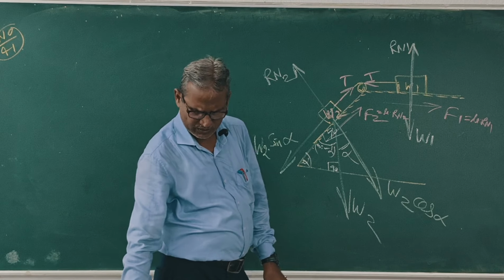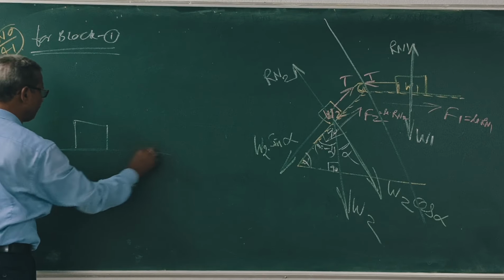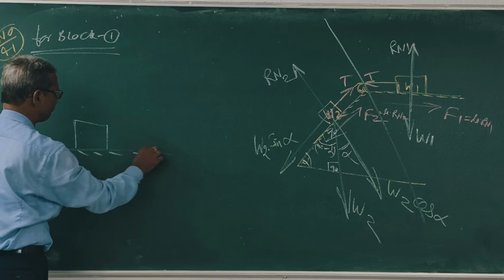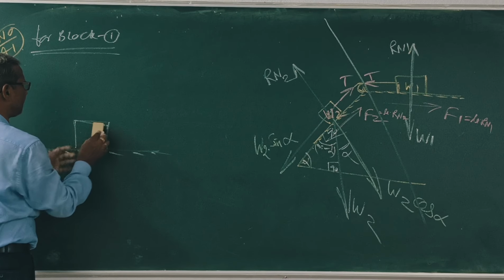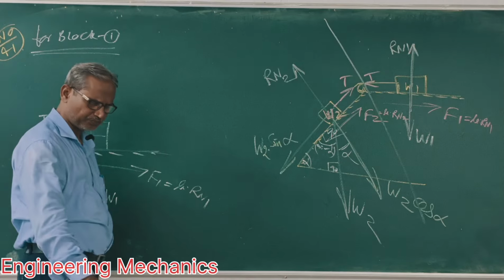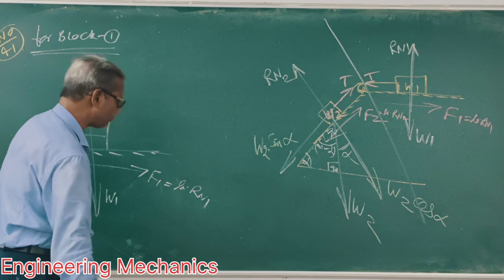For block 1. This is block 1. This is W1. This is Rn1. This is T. This is F1. What is F1 equal to? Mu Rn1. Clear? Now this equals this.